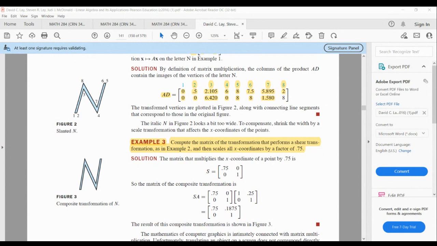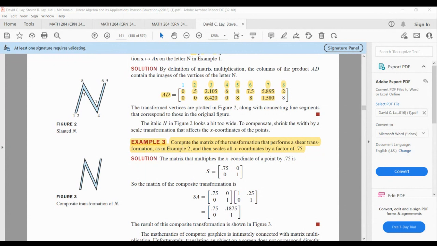But which letter is thinner? The letter N in figure 2 or the letter N in figure 3? That's right, Jonathan, figure 3.